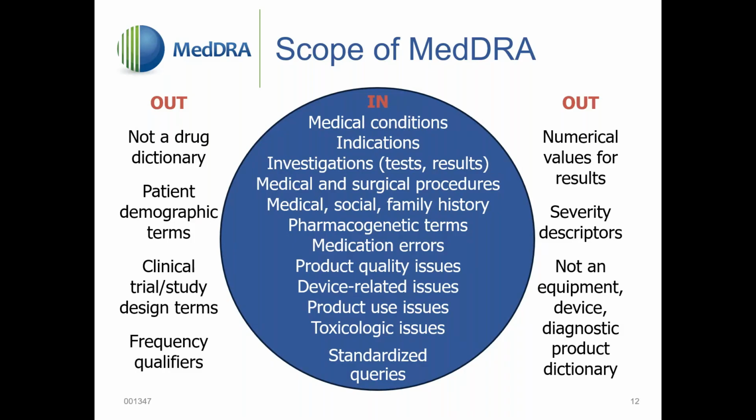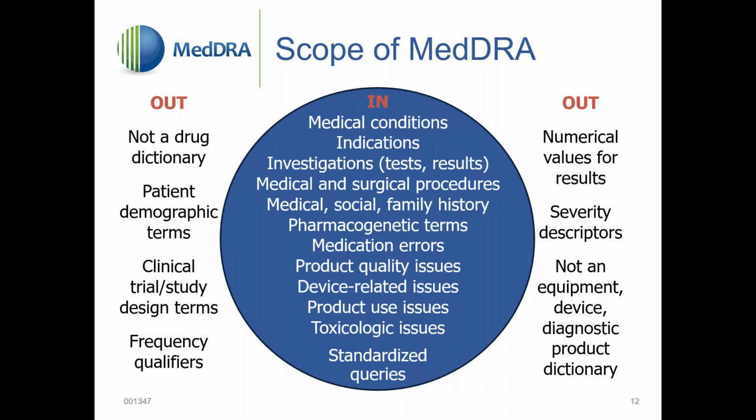MedDRA is not a drug dictionary, nor is it a medical equipment, device, or diagnostic product dictionary, meaning that you will not find any brand names in the terminology, but there are several terms that include generic drug names, like, for instance, the PT thalidomide embryopathy.